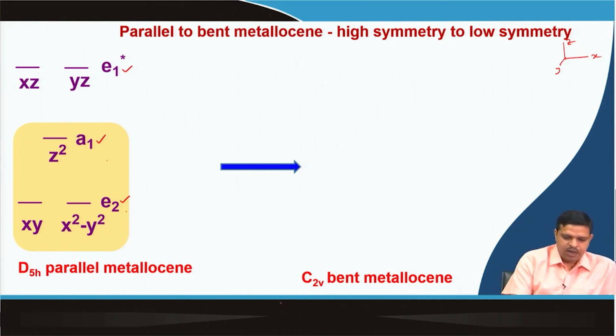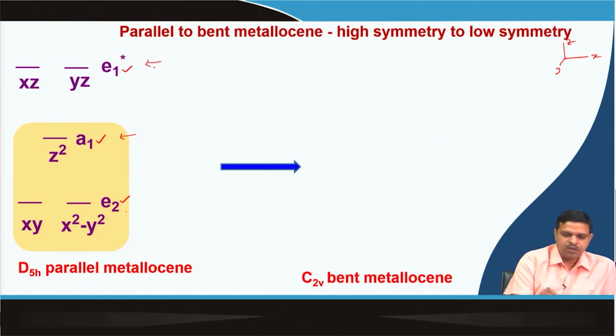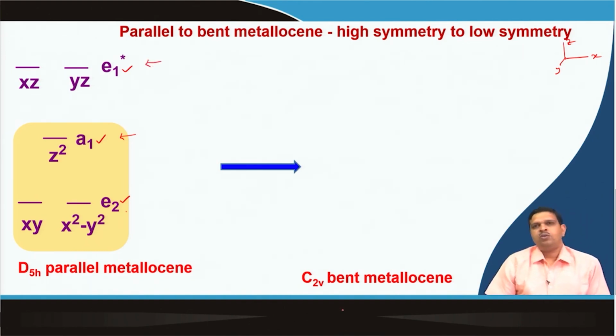As example, for ferrocene, we saw in the last classes that all the bonding orbitals are filled up, up to this one. So, all the bonding orbitals fill up, and that is why it is very stable. If we put electrons in an antibonding orbital, then obviously the system will be destabilized.